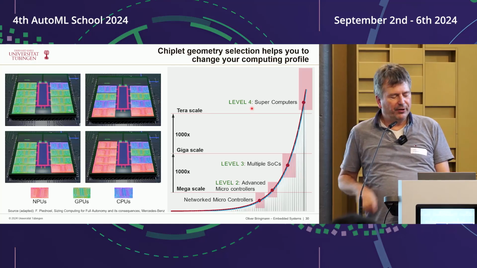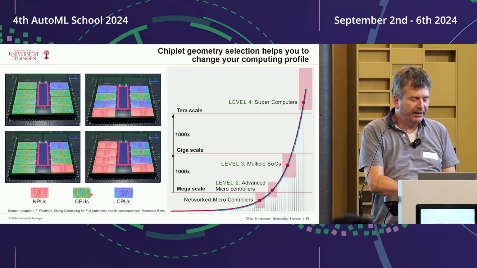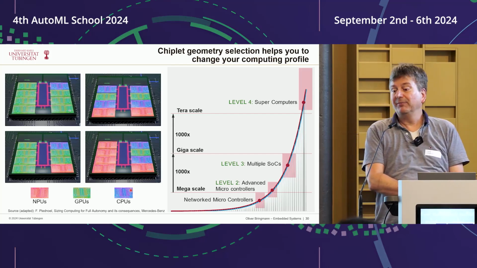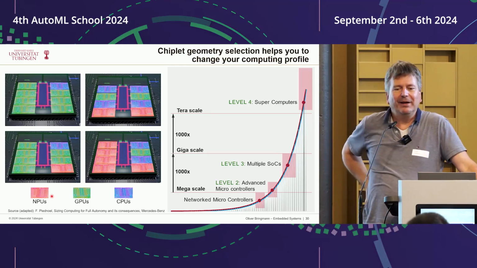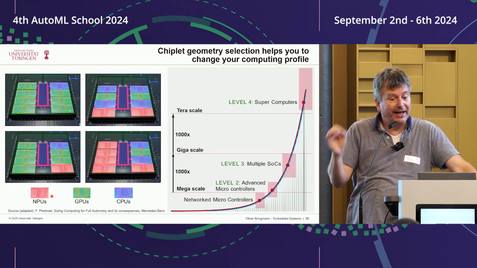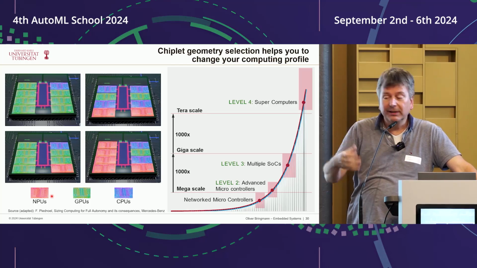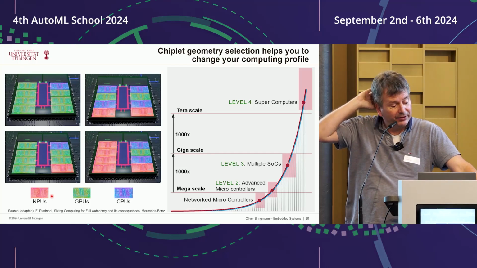In a chiplet approach, you can actually compose, for example, a GPU from NVIDIA with a CPU from AMD and with an NPU from Zyma AI or AImotive or something like that. But of course, you have to convince all the players that the interfaces are compatible to do that. But that's an idea that's currently under discussion.